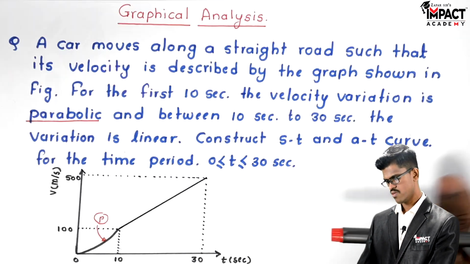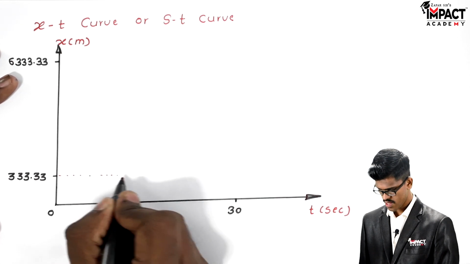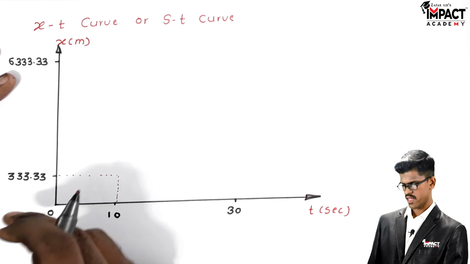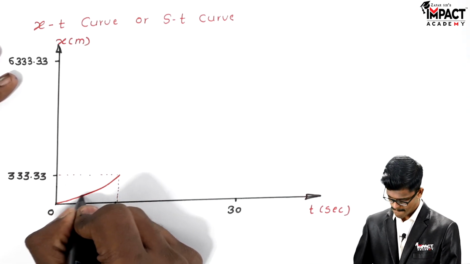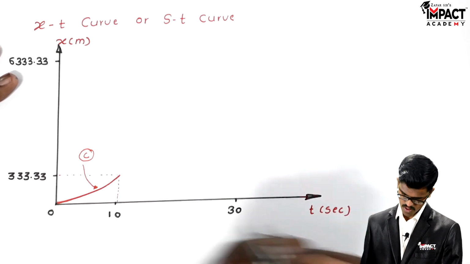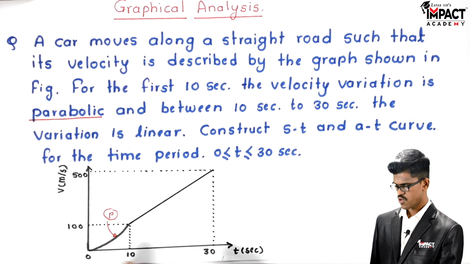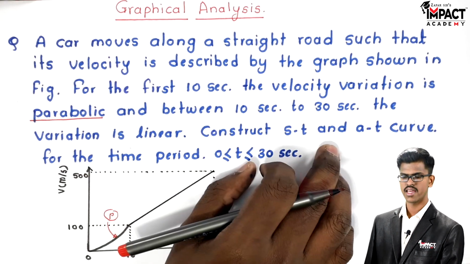So from a parabola we get a cubic. So for the time interval 0 to 10 seconds, the nature of the curve is a cubic. Okay. For the time interval 0 to 30 seconds, the nature of the curve is an inclined straight line.